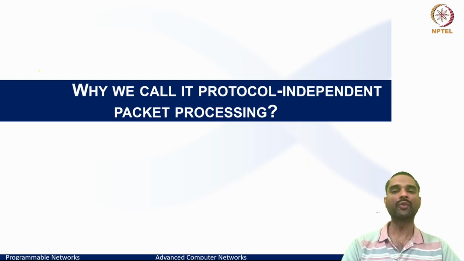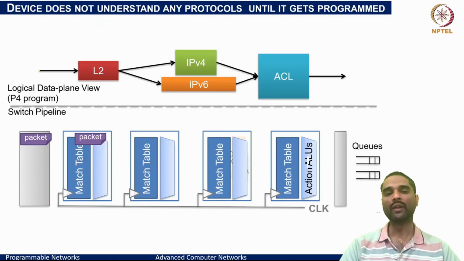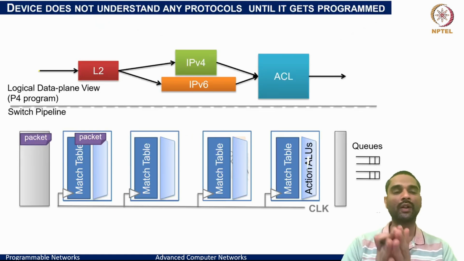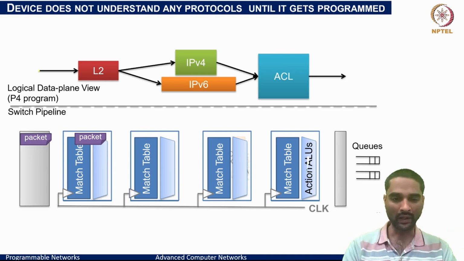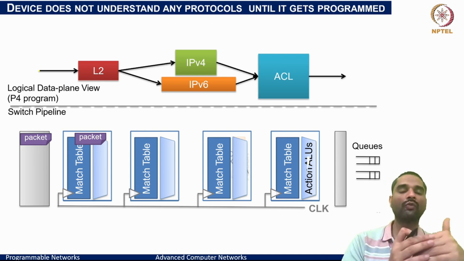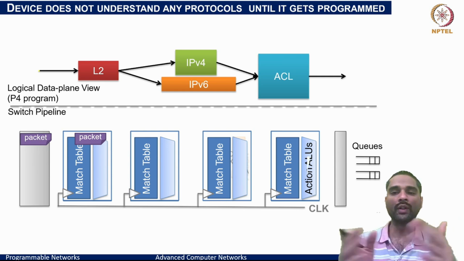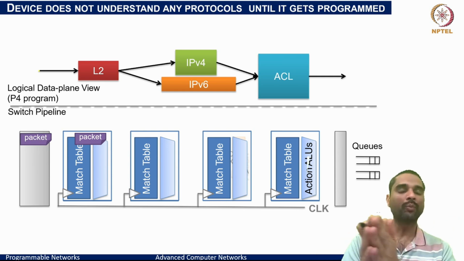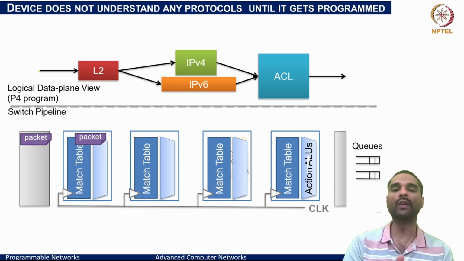So the question comes why we would have to call it protocol independent packet processing. And in essence, what we have tried to build is that a device, which is at the bottom here, the switching pipeline, has no notion of what is L2, what is L3 or L4. It is up to the programmer to define what L2 would be, what L3 or L4 would be.